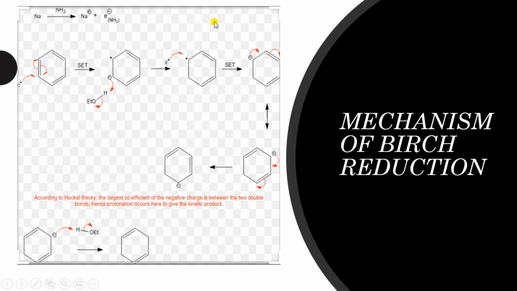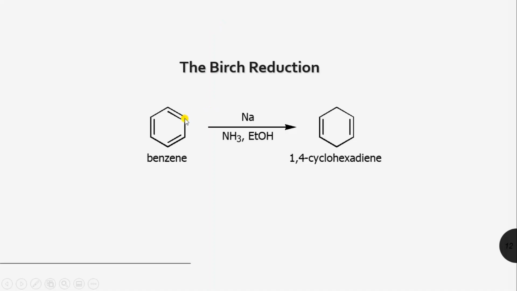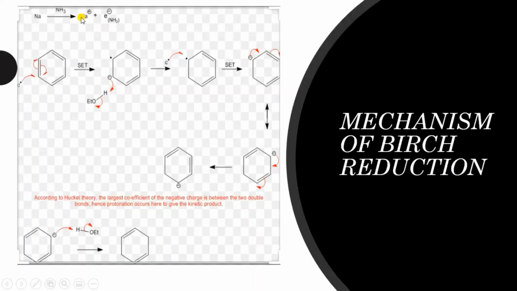But here you can see that there is an addition reaction undergone by the benzene ring in the presence of sodium, which is the free radical initiator, as you all know, and then ammonia, where the hydrogen is coming from the ammonia, and that is usually attached to the benzene ring one by one.